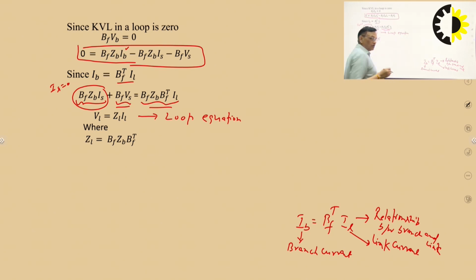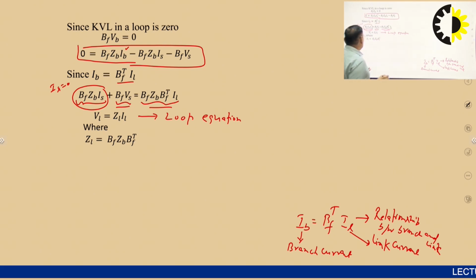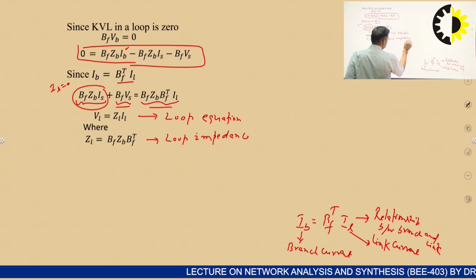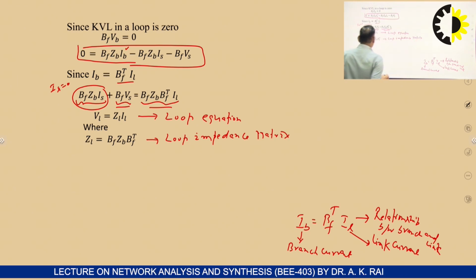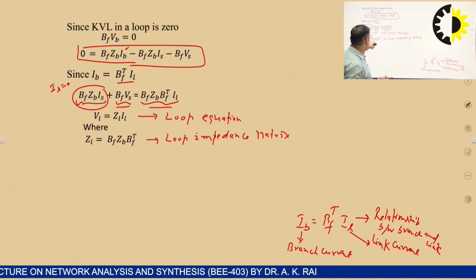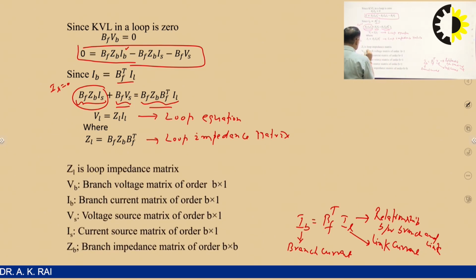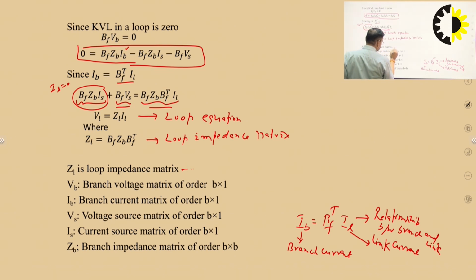So in carrying out the loop analysis, we have to find VL equal to ZL IL, where ZL is the loop impedance matrix, which is the multiplication of the fundamental loop matrix into the branch impedance matrix into the transpose of the fundamental loop matrix.